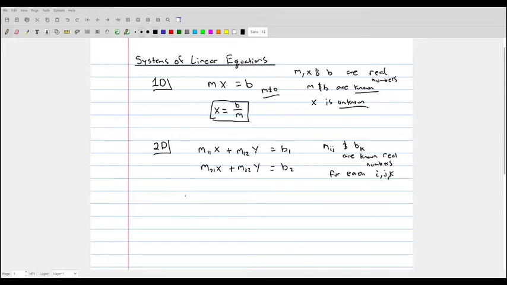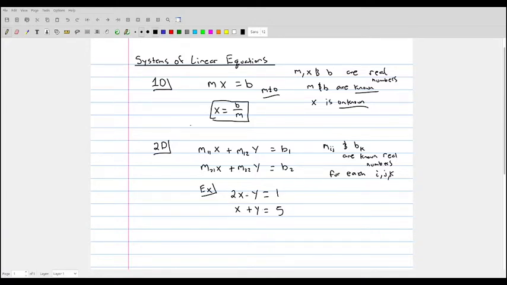So you can think about linear equations in 2D like this. For example, a good example is the equation 2x minus y is equal to 1, and x plus y is equal to 5. This would be a good example of a system of two equations and two unknowns.